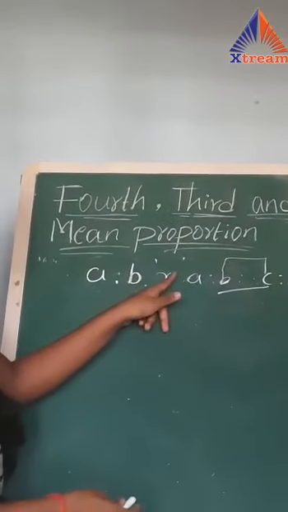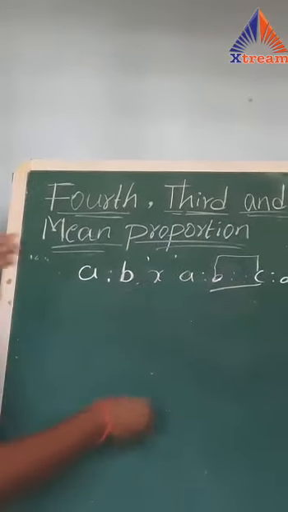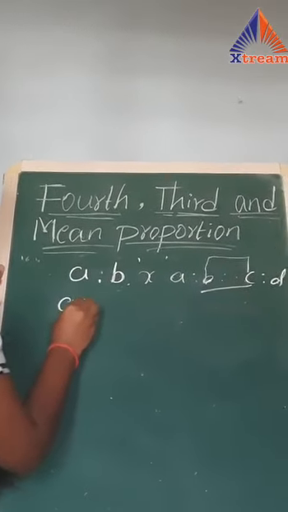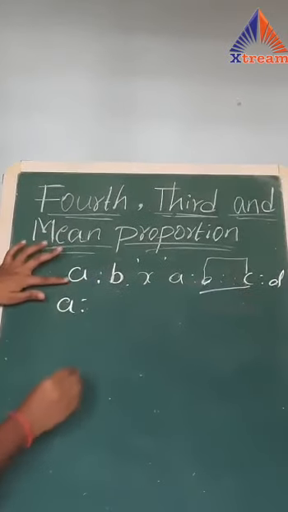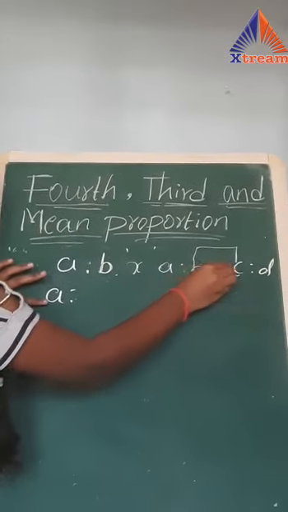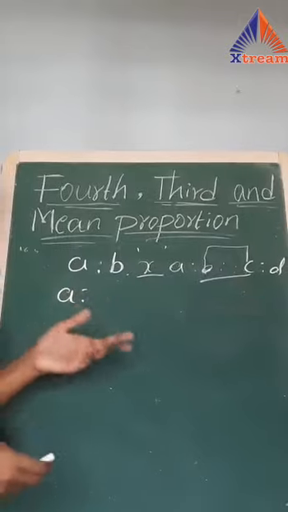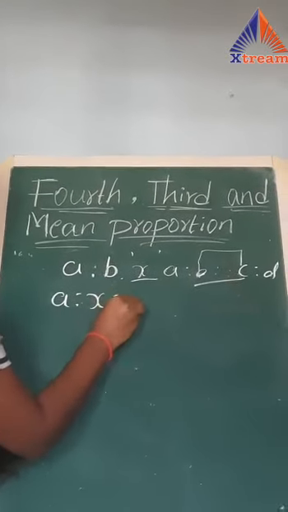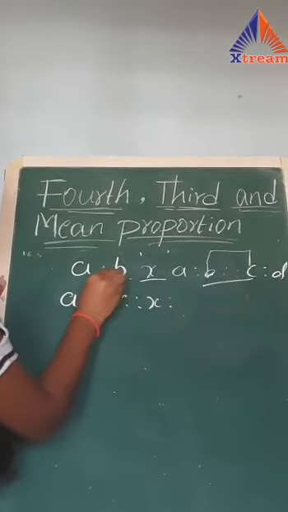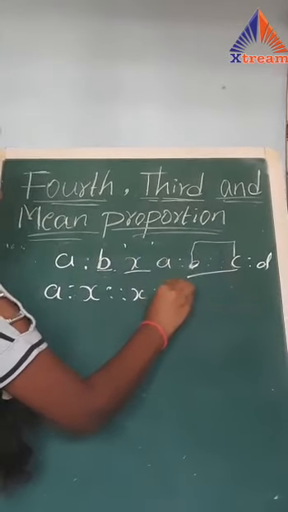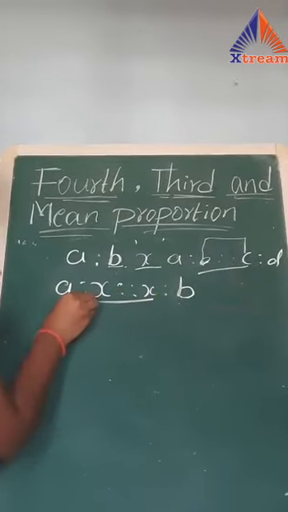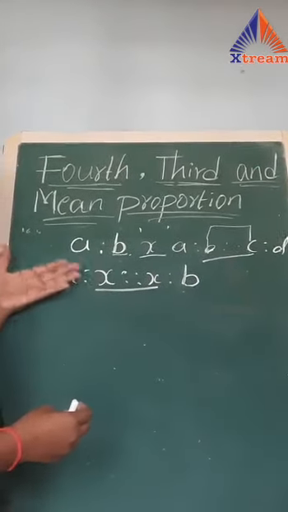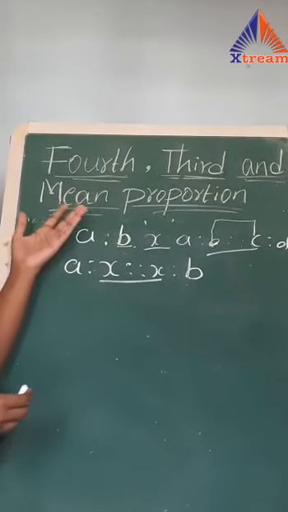So the first term goes in the first place, the mean terms are x, and the second term goes in the last place: a is to x as x is to b. Only the mean terms are x, as we are finding x. This is how we write the proportion in the mean proportional.